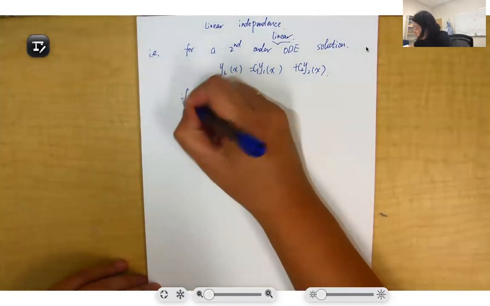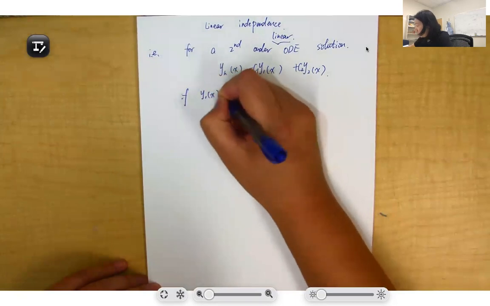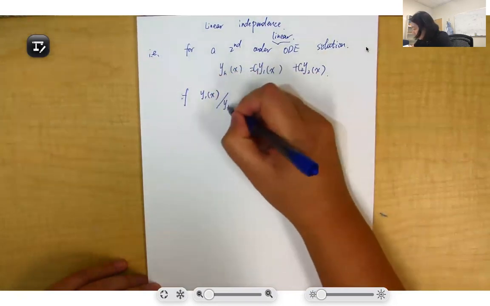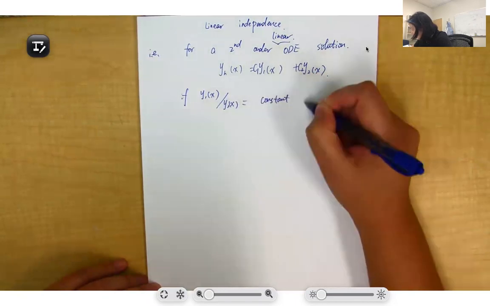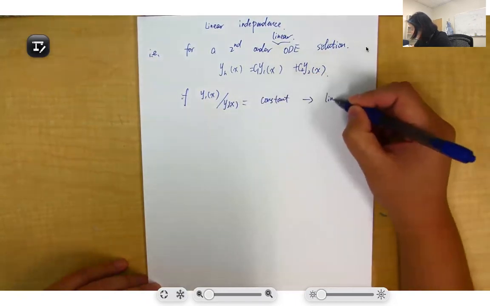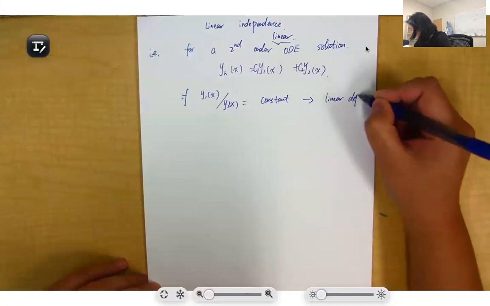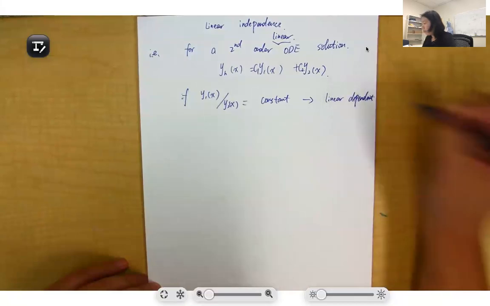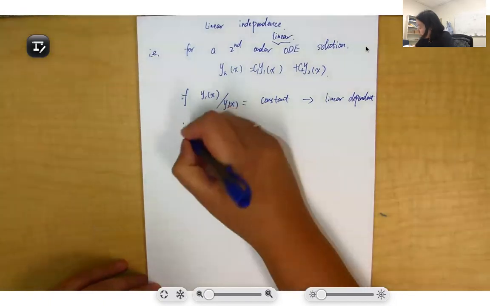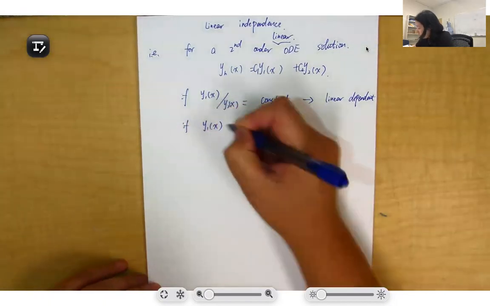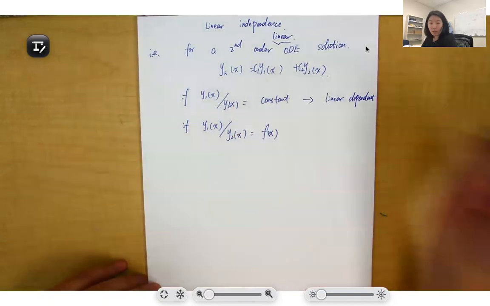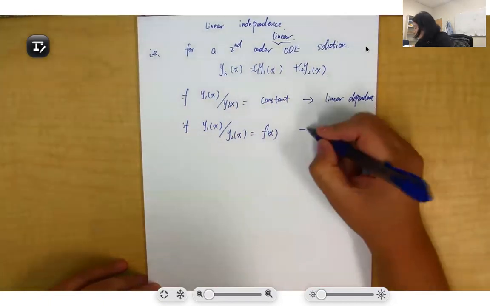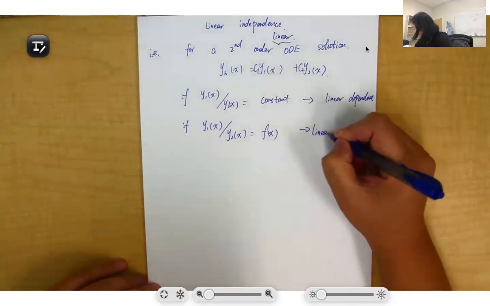If my y1(x) divided by y2(x) is equal to a constant, that is linear dependent. Okay, and if my y1(x) divided by y2(x) is equal to some function of x, that is called linear independence.